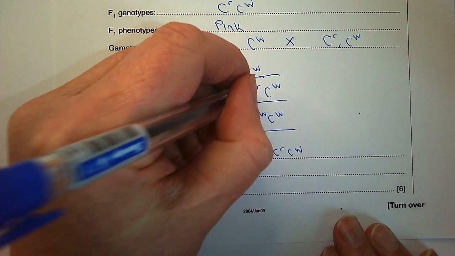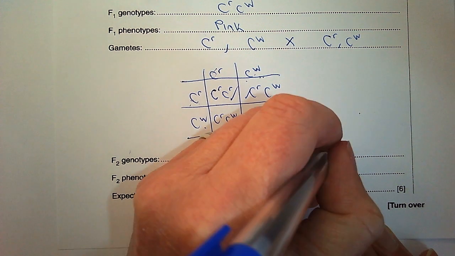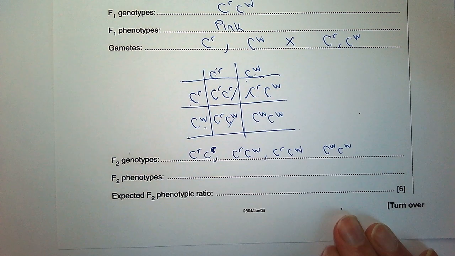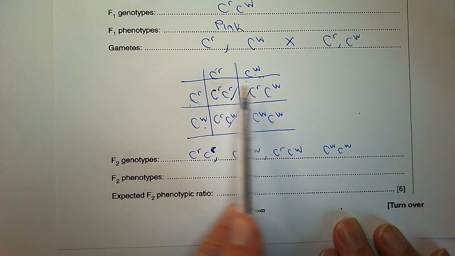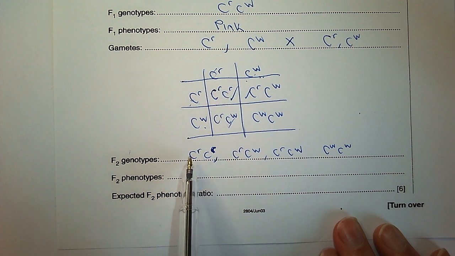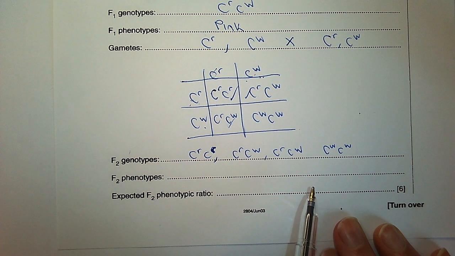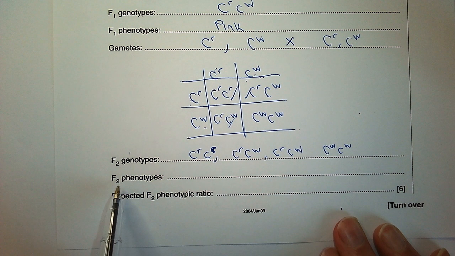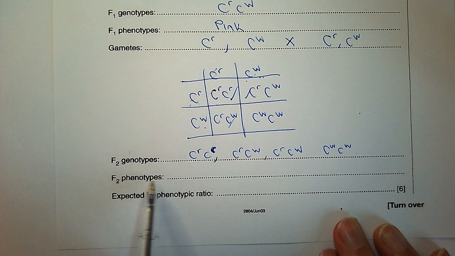Let's put down those two. And the final one is CW, CW. So all we've done is copy our offspring from the Punnett Square and write the genotypes down here. We're now asked for the F2 generation to identify the phenotype, so which characters are going to be shown.